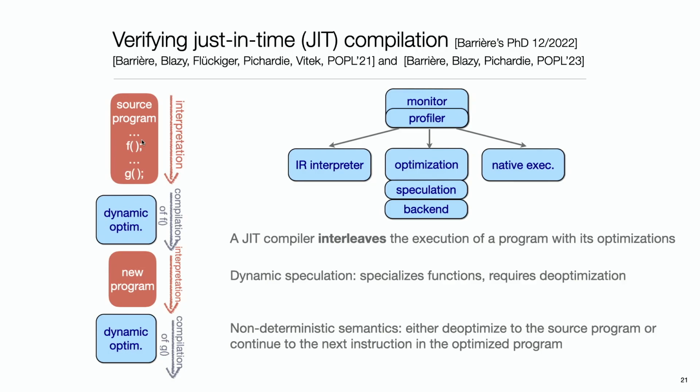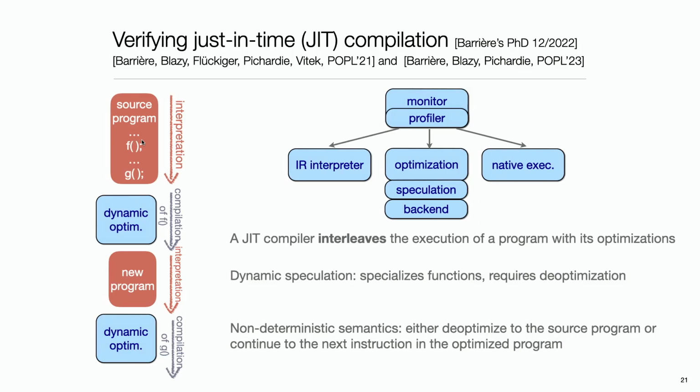Let's try to optimize it, and let's optimize it dynamically, meaning that we will generate a new version of this function. So this means that we generate a new program. A typical optimization is when the compiler speculates, for instance, that the value of a given variable will be constant.